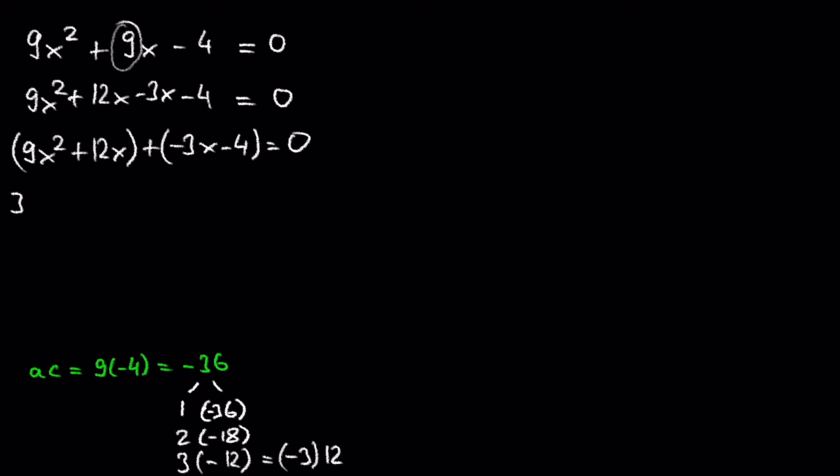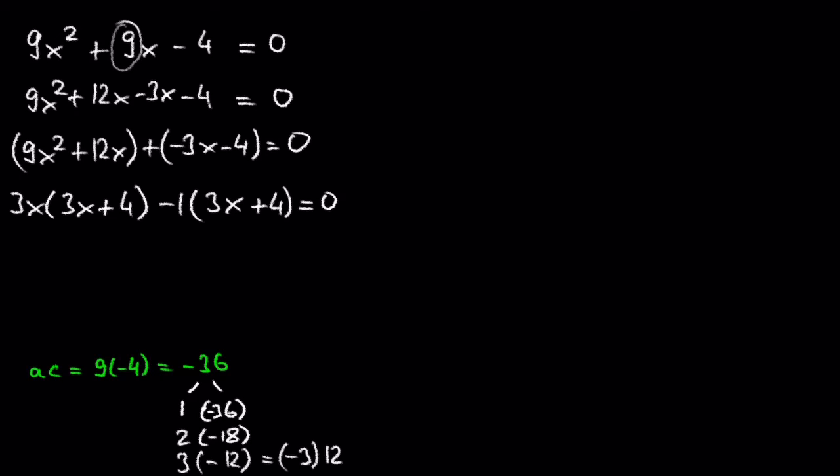So we can write 3x times 3x plus 4 in parentheses. And the greatest common factor of the expression in the second parentheses is negative 1. So we can write negative 1 times 3x plus 4.